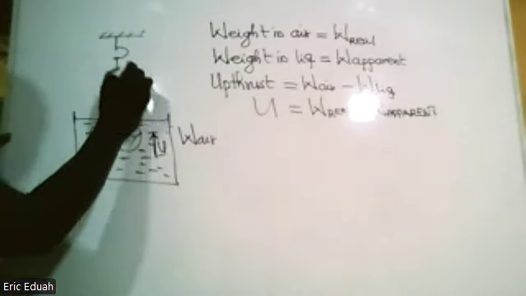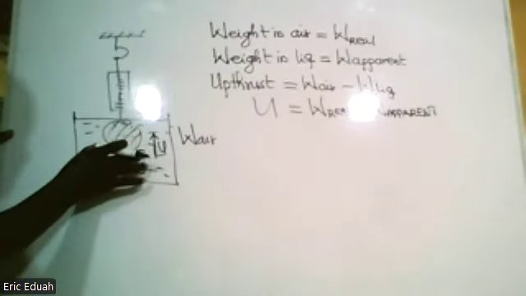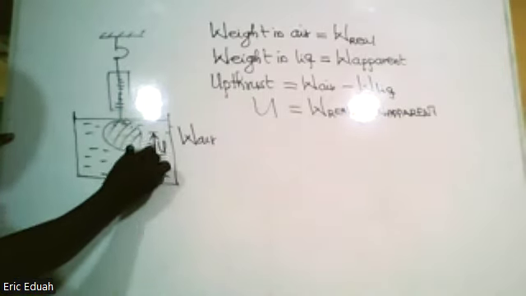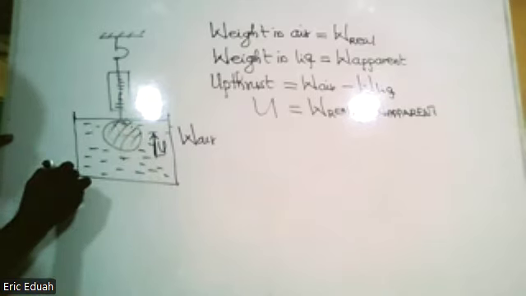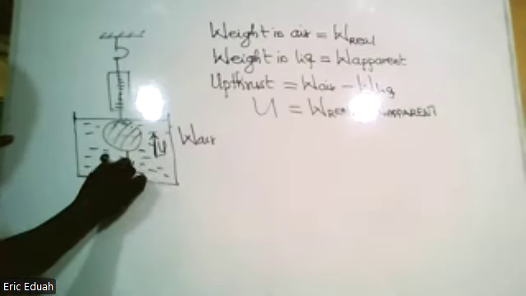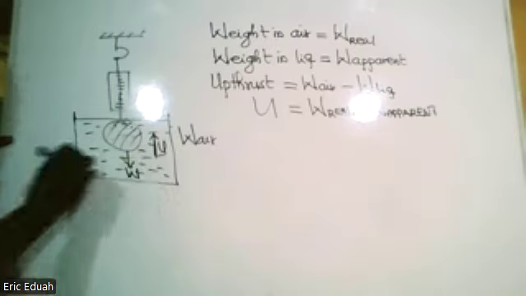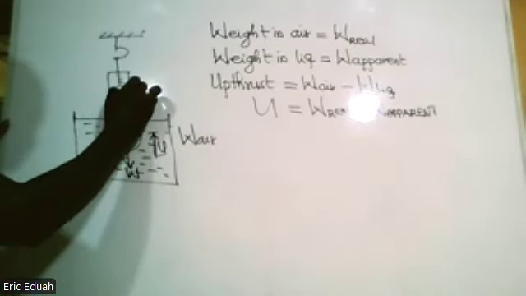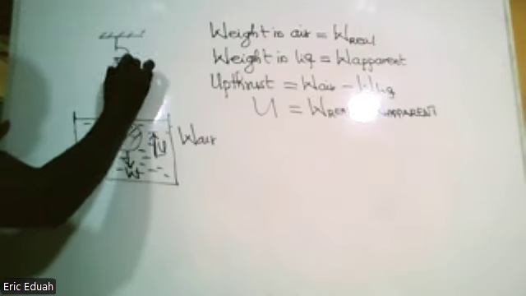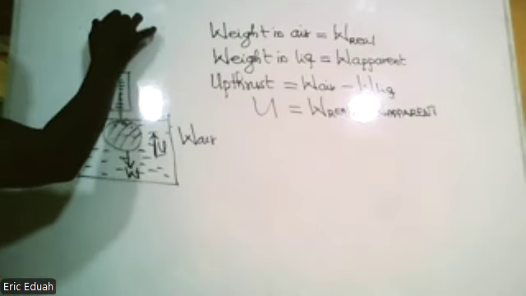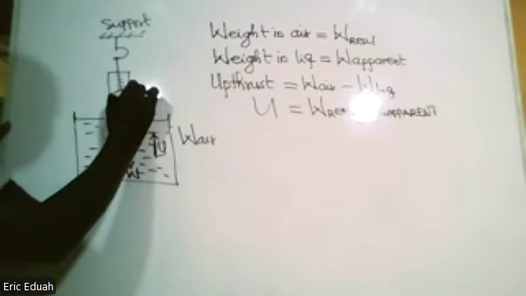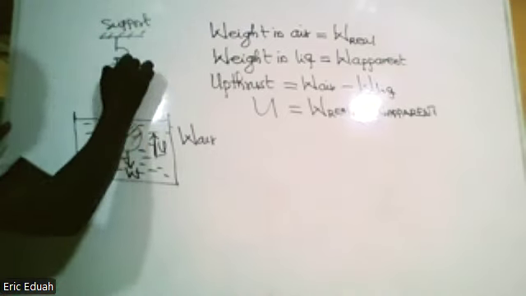When the spring is immersed in fluid, the upthrust acts on it, so there is the original weight, the weight of the body, and another force, which is the tension in the spring. The tension in the spring is always directed towards where the support is.